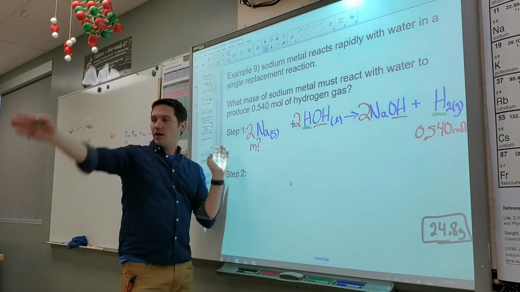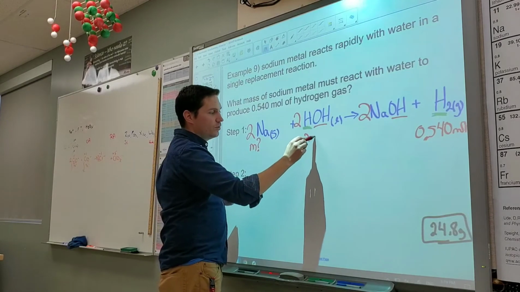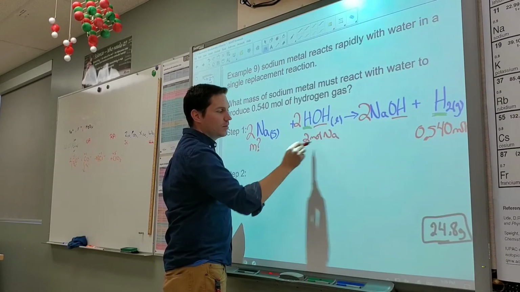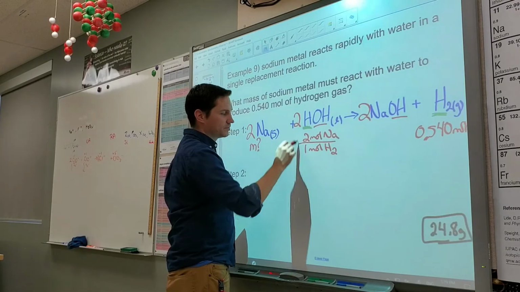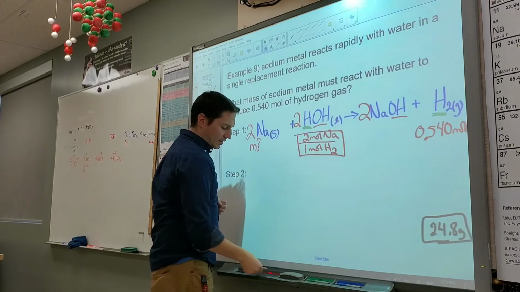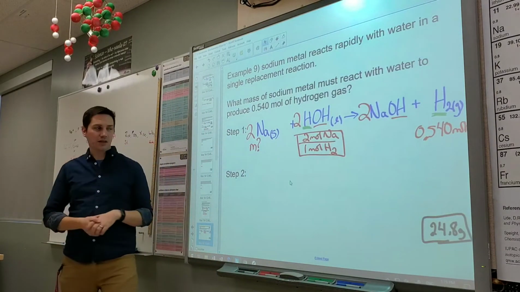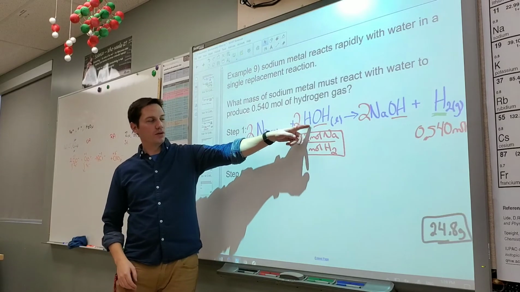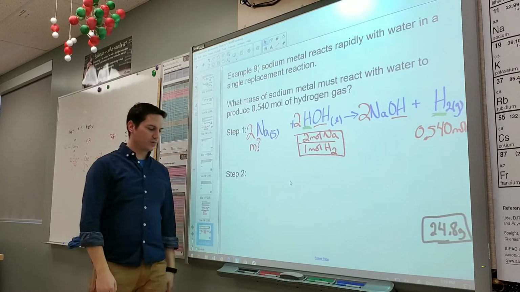So just anywhere on your paper, you can say 2 moles of sodium for every 1 mole of hydrogen gas. And sometimes I like to put it in a little box so that it's really easy for me to find. It doesn't belong to water, it belongs to the whole reaction, right? It's just a general ratio.